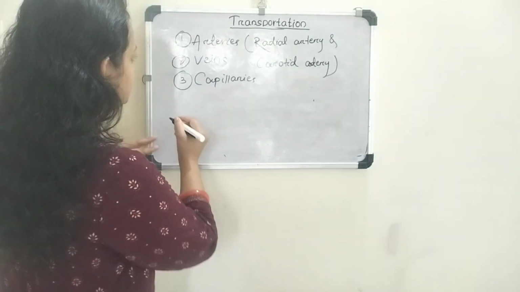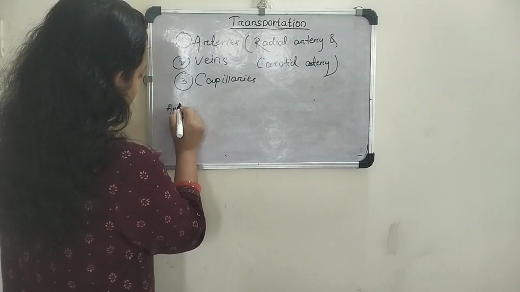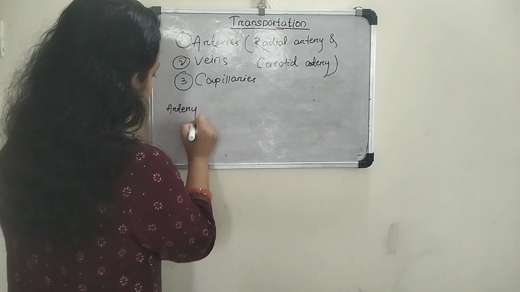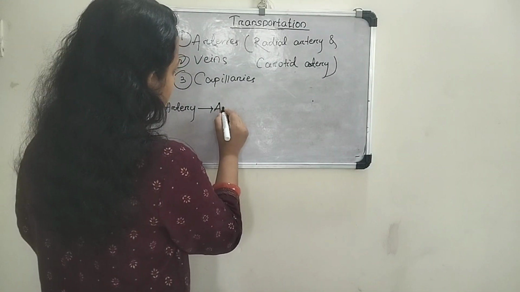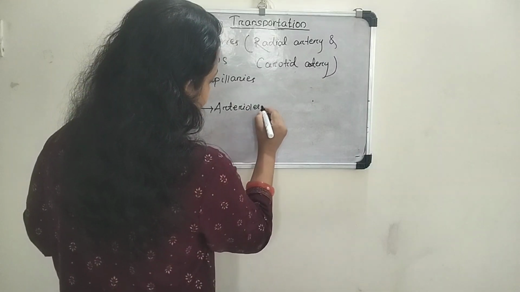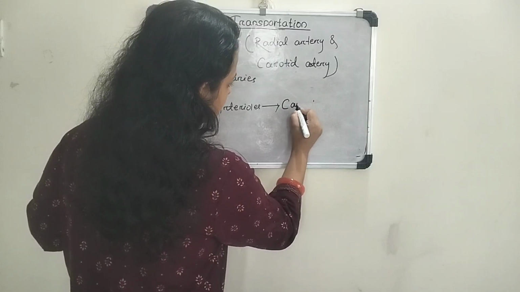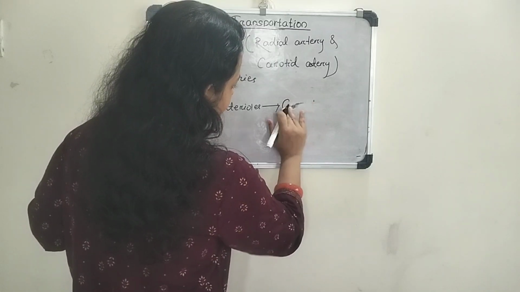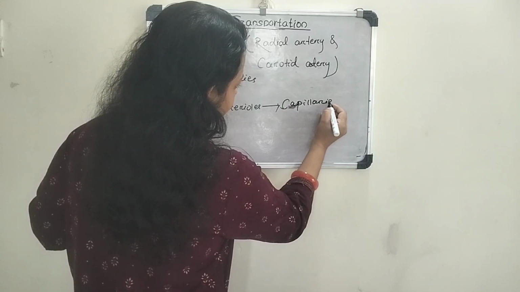So the network is: artery, then it forms arterioles, then it gives its secretion to the capillaries.